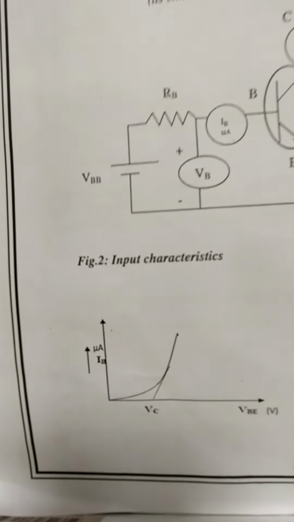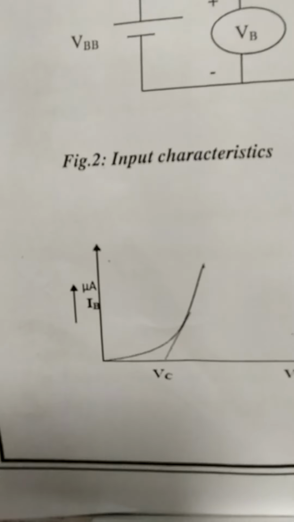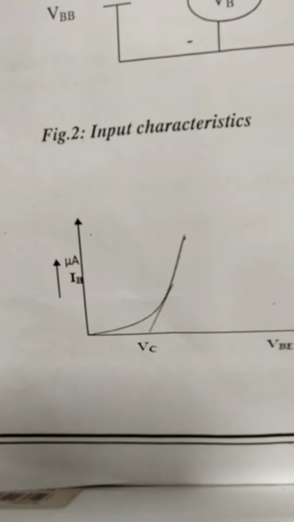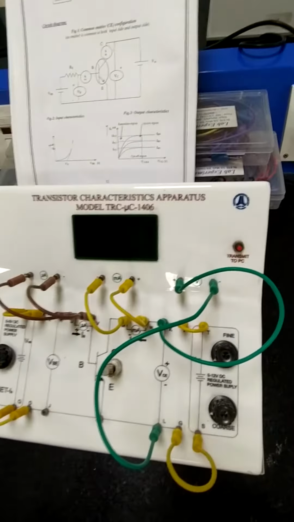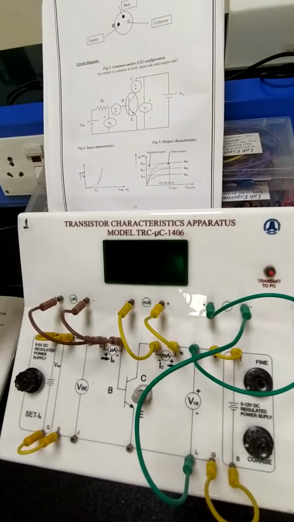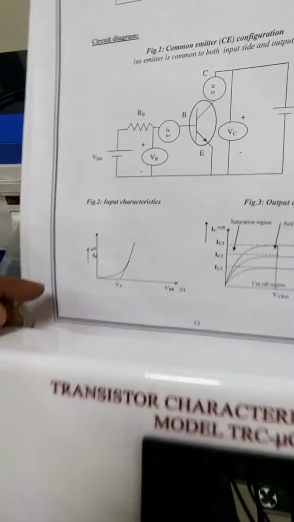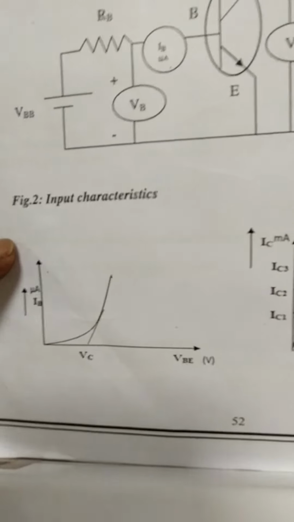Input characteristics means that at constant output voltage, there will be a change in the base emitter voltage, and then we will get the base current. That is known as the input characteristics of a transistor. That's what we are going to take here, VB along the x-axis and IB on the y-axis.